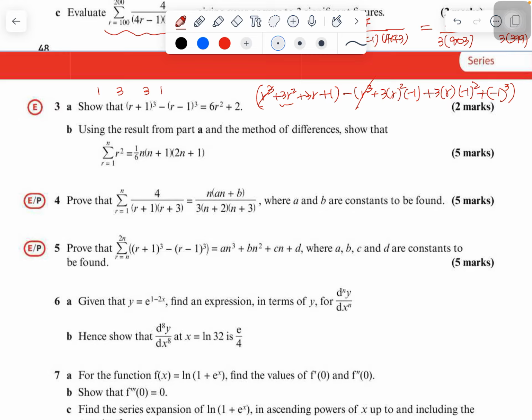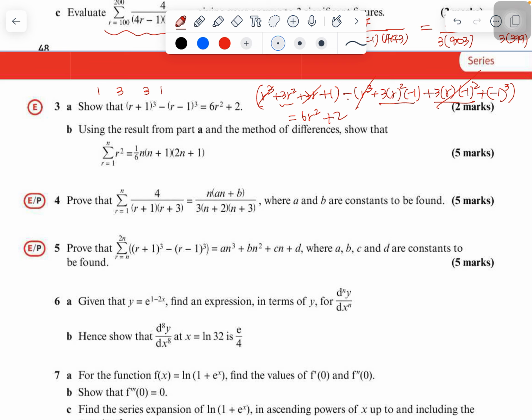So we don't have r cubed anymore. Now we have negative 3r squared with the negative sign outside of the bracket, so now we have 6r squared. And the 3r squared and minus 3r squared cancel, so we don't have it anymore. And 1 minus minus 1, so plus 2.